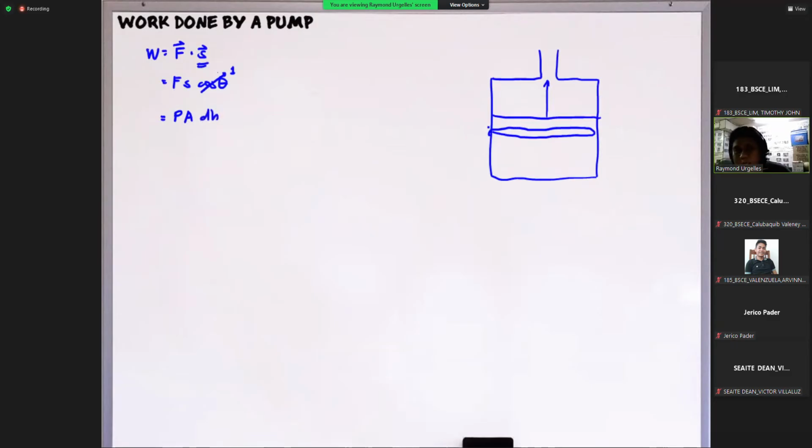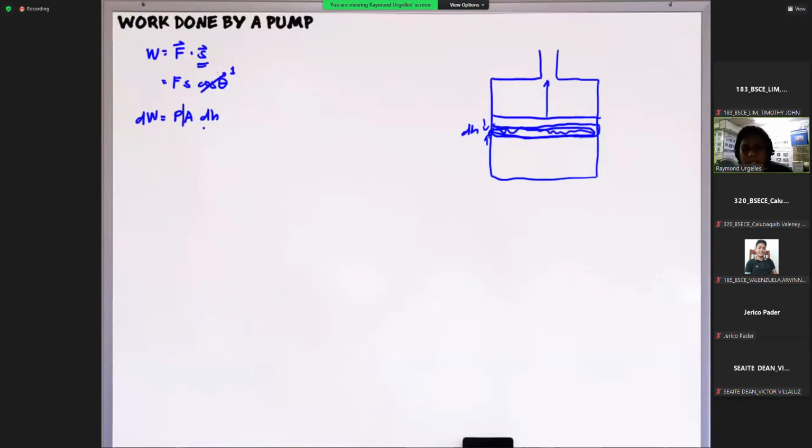Again, let's say we have the thickness here, dH, para dun sa volume na gusto nating i-pump pataas. For example, we have this volume here. Itong differential volume na 'to, ipapump natin pataas, so that will be dH. Pero since part lang siya ng volume na pinapump natin, dW pa lang yan.